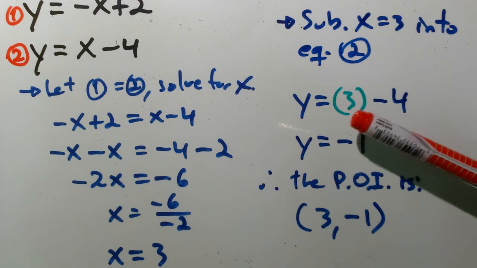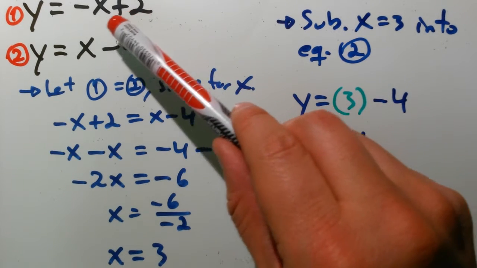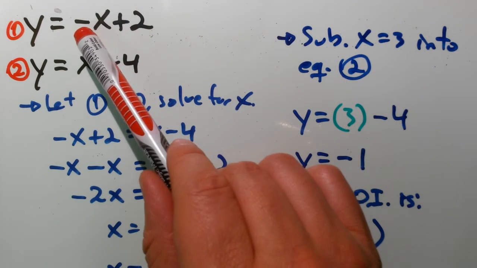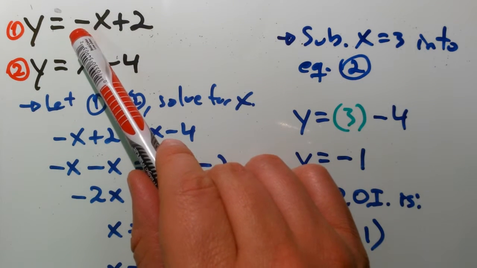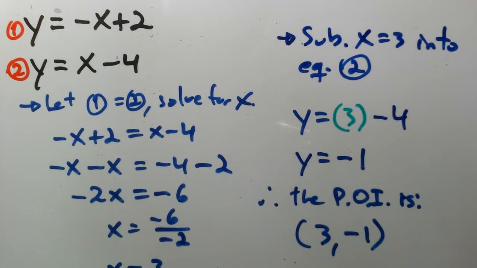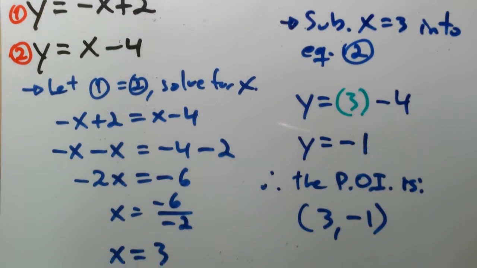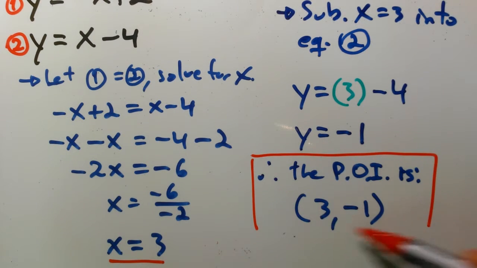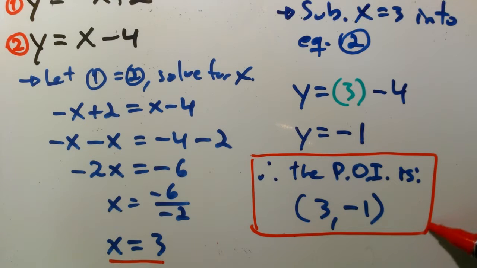Notice that if we take the 3 and substitute it into the first equation, which was minus x plus 2, it would have turned out to be negative 3 plus 2, which gives us negative 1, and would have given us the same answer. Let's just keep that in mind, and this is our solution. We have solved the system of linear equations.